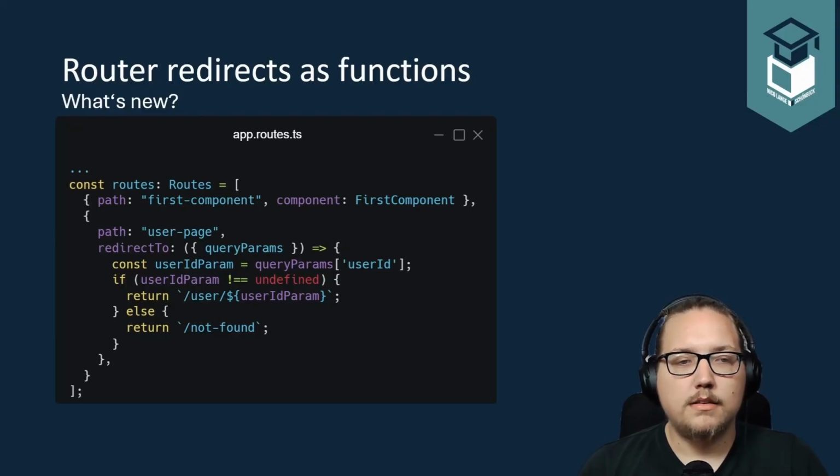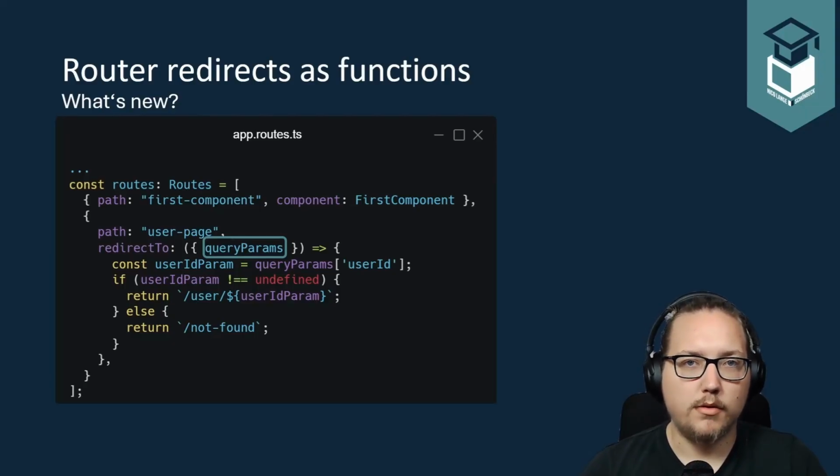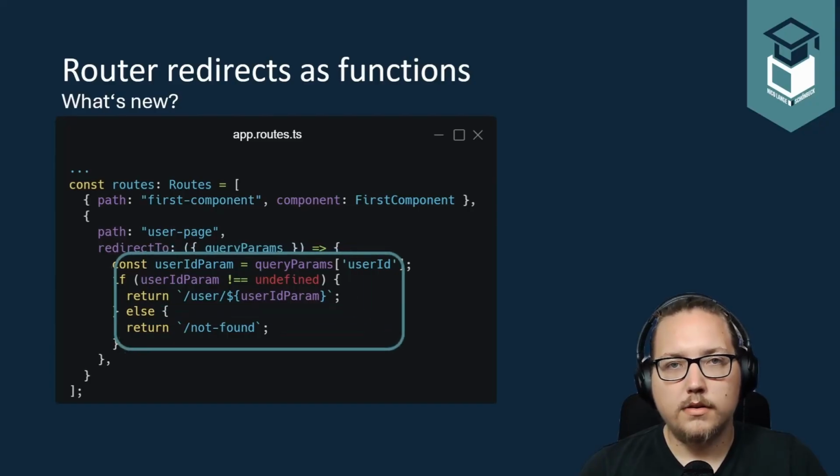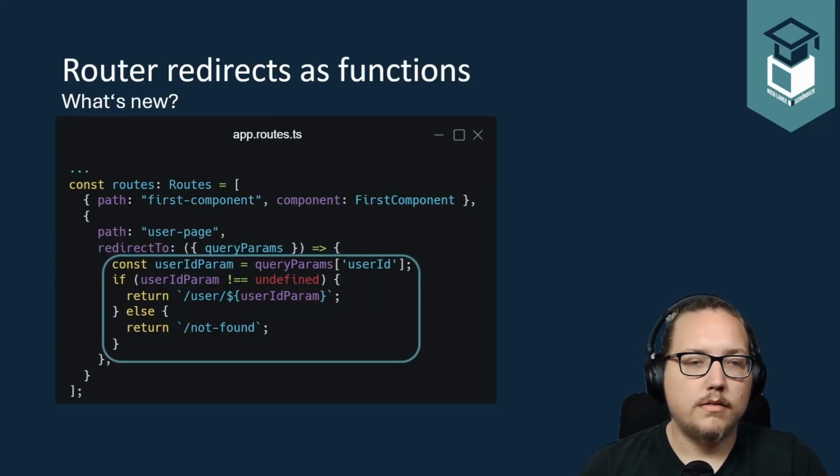In the second element you have a path user page and the new property redirectTo, which has an input property here with query parameters that allows you to get access to the query parameters. What you can now do in the function is add some logic, and the string that you return will be the route where the user gets redirected to based on some conditions.